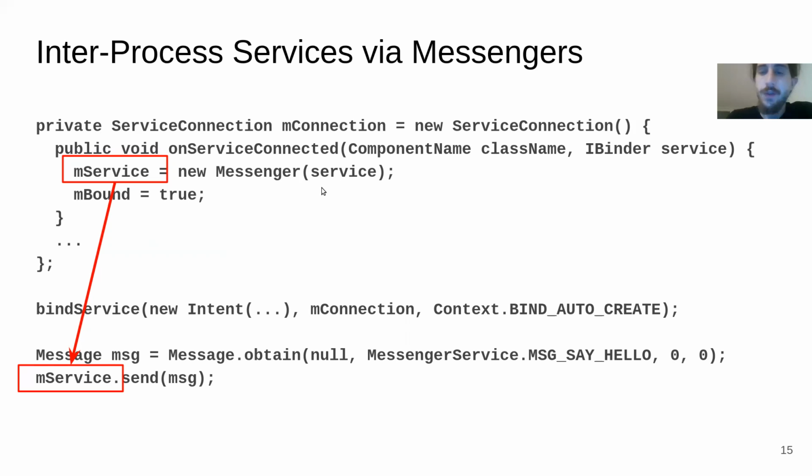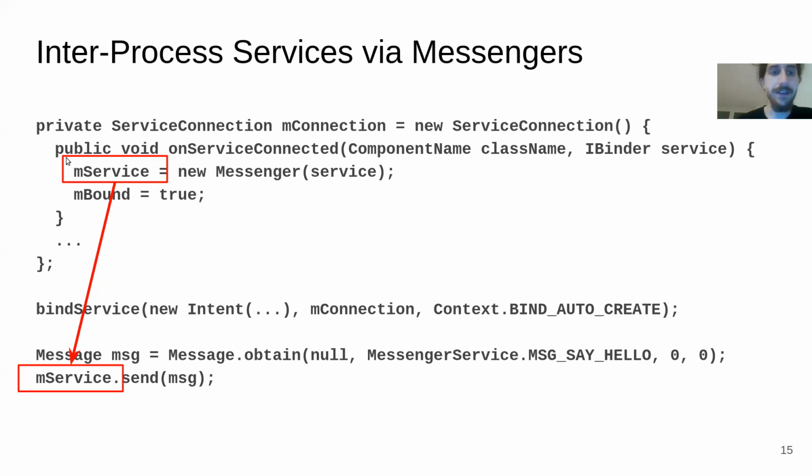Conceptually, this onServiceConnected method is invoked when you try to do the connection and the connection is established. And look at this: these are fields of the class, local fields to your class.